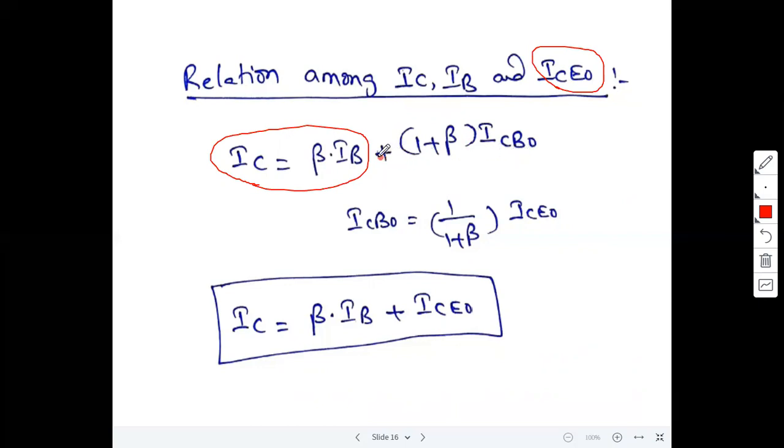Why? Because this adds the leakage current also in the same direction as the collector current. Now if you represent in terms of ICEO, ICBO is equal to 1 by 1 plus beta times ICEO. The 1 plus beta terms get cancelled. So IC is equal to beta IB plus ICEO.